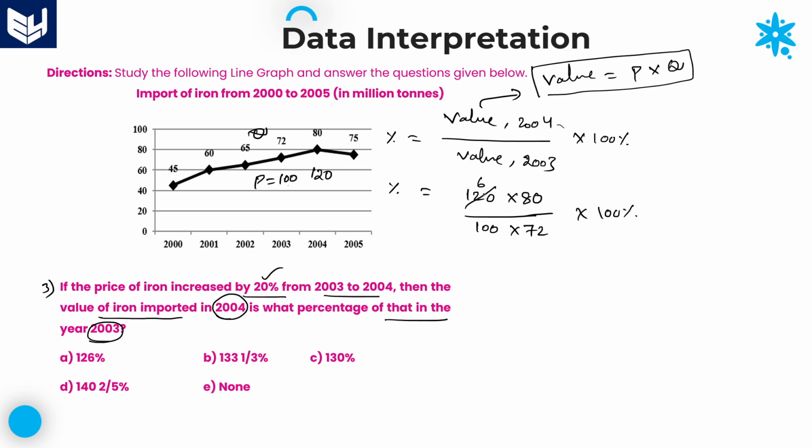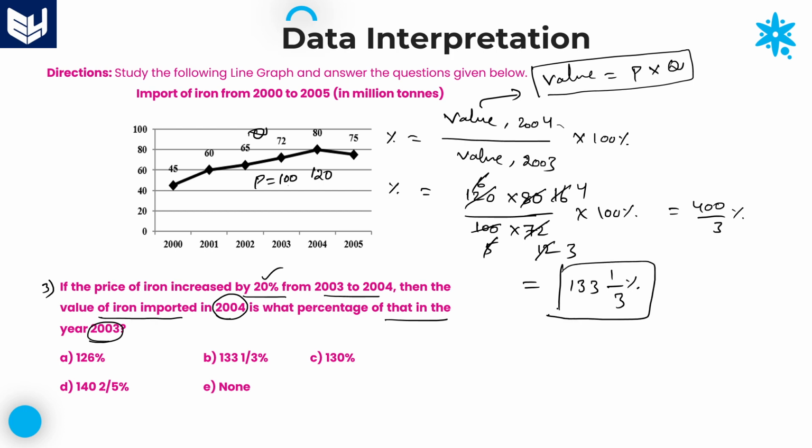Here it is 2 6s are 12, 5 times, and next 5 16s, and next 6 12 times, 4 fours, 4 threes. Therefore the required answer is 400 by 3 percentage, which is equal to 133 and 1 is the remainder, 133 1 by 3 percentage.